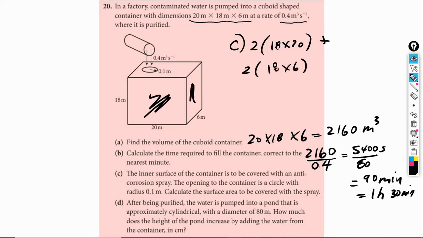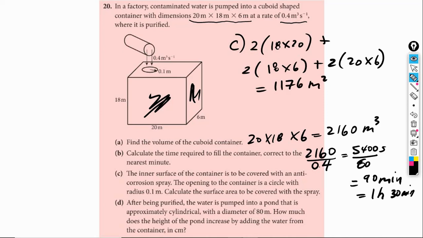That's going to be this one and the other side. And then we need the top and the bottom. And that would be also two rectangles. And these would have a length of 20 times 6. So if we multiply all this, it's going to give us the surface area. And you're going to see that it's 1,176 meters squared.